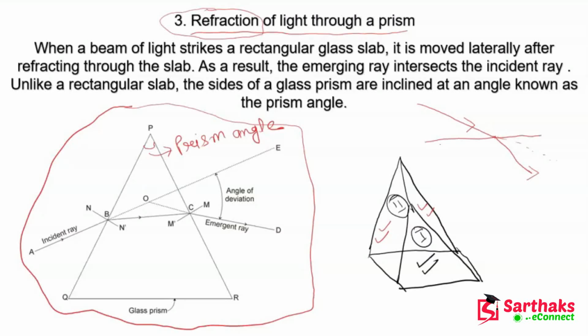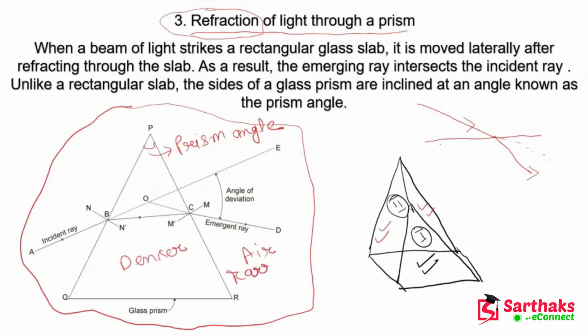Now this is the ray which is moving inside the prism. This is a denser medium, and now it is going out into the air, which is a rarer medium.